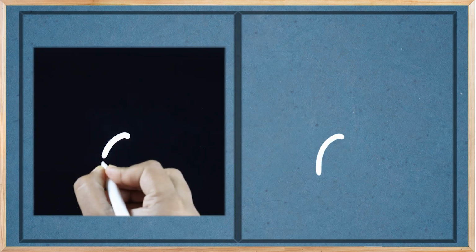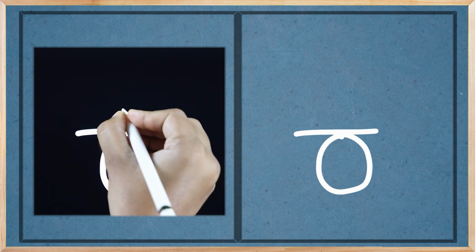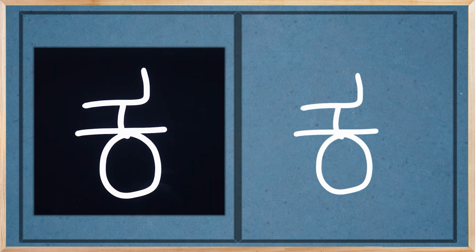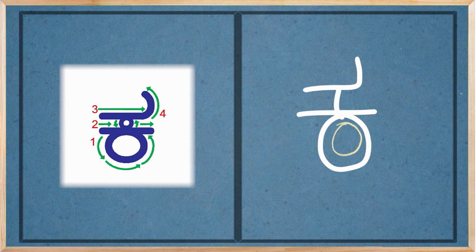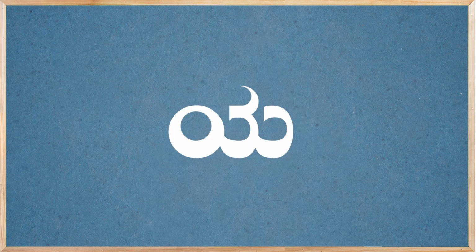The next letter is Ka, which is written by attaching a horizontal line to the letter and adding a small vertical line with Talekattu. This letter is pronounced as Ka in Devanagari. Next, we move on to the letter Ya.